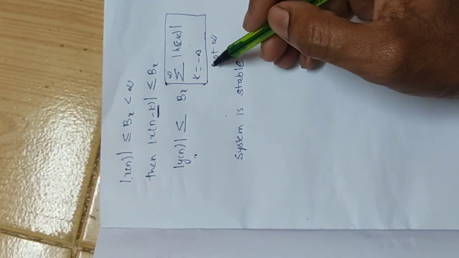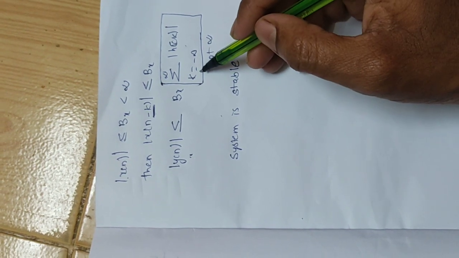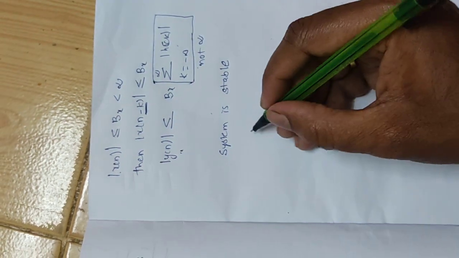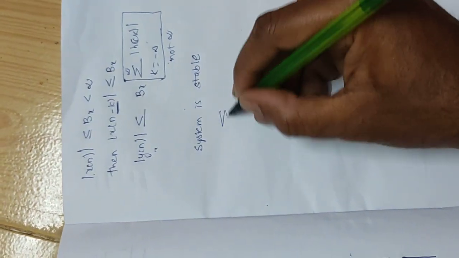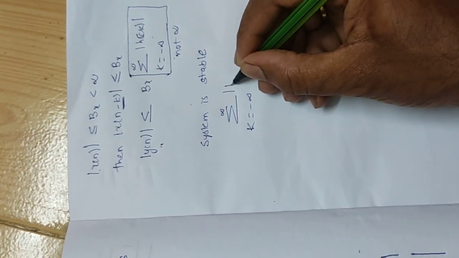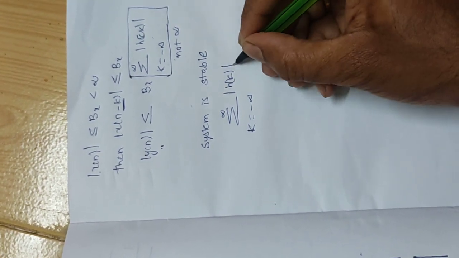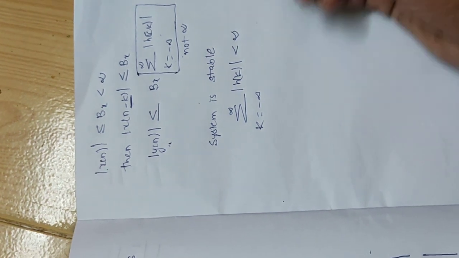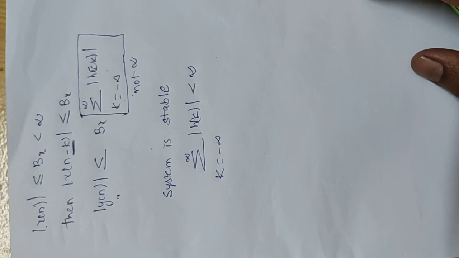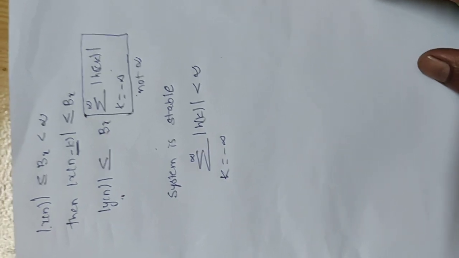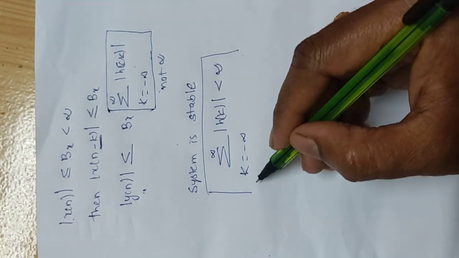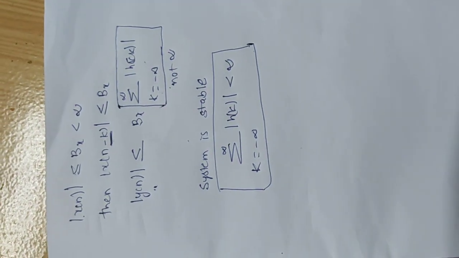So the condition is that the summation k equals minus infinity to infinity of modulus of h of k should be less than infinity. If this is less than infinity, we can say the system is stable. This is a condition on the impulse response for stability.